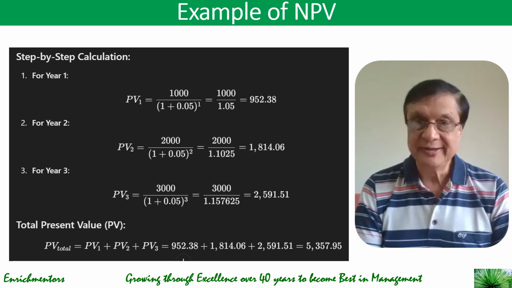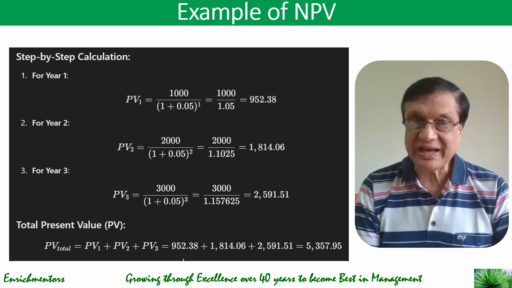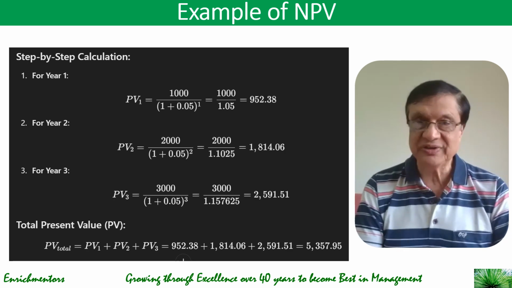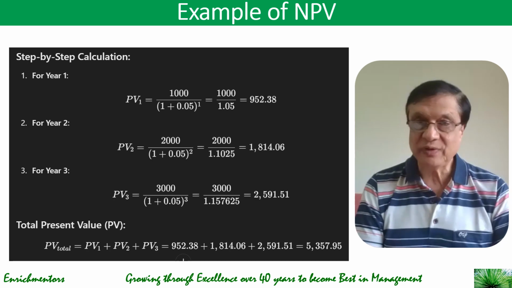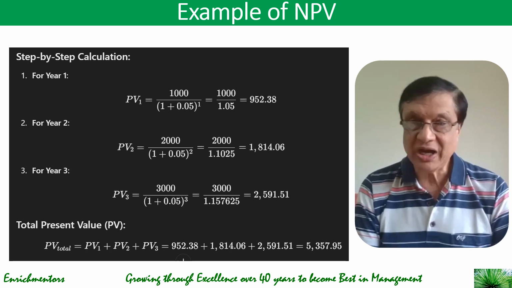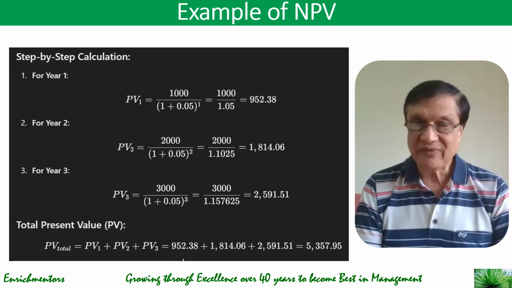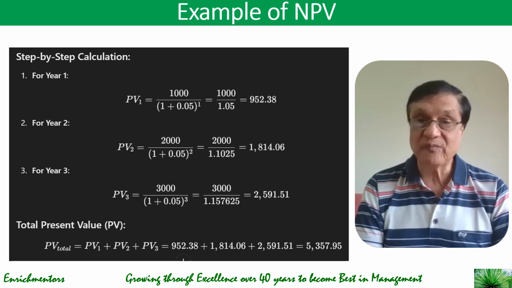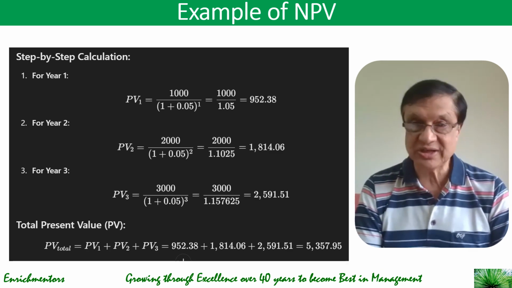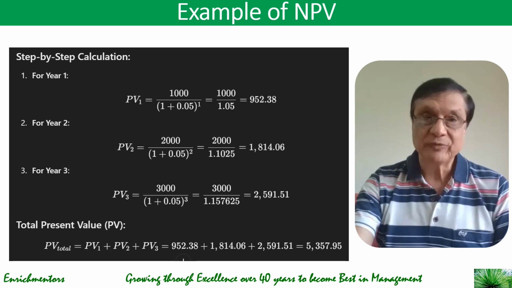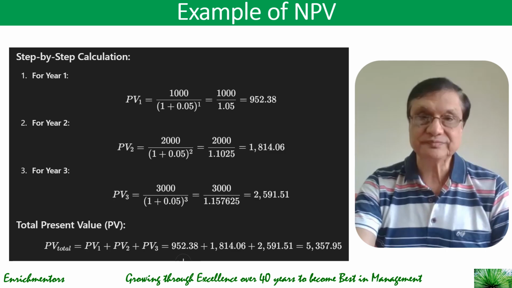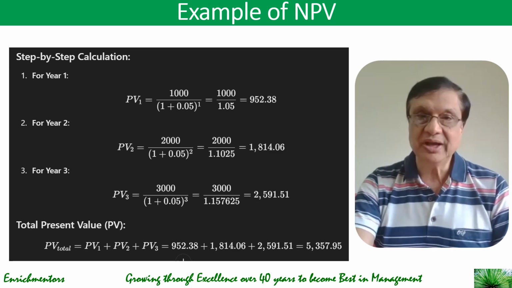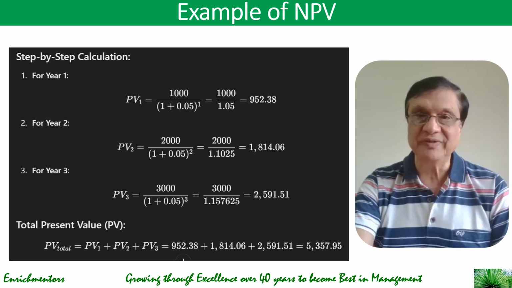So you see here the total value of these future cash flows discounted at 5% is 5357.95. This means the future cash flows of 1,000, 2,000 and 3,000 over the next 3 years are worth 5357.95 instead of a plain 6,000 when you discount at a 5% level. Now, if the discount rate is different, the NPV would be different. So that's an example of an NPV.